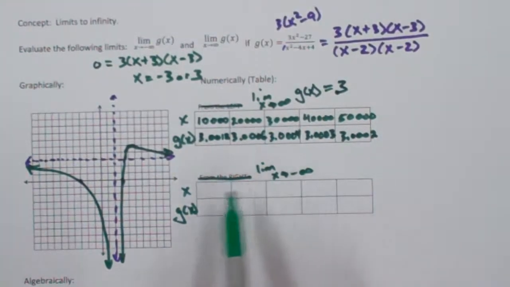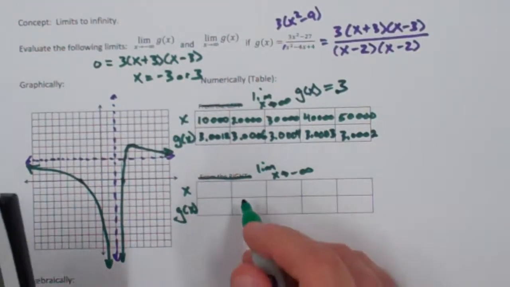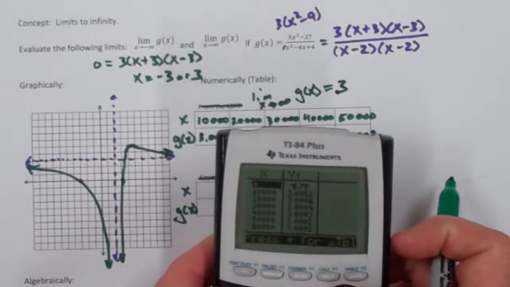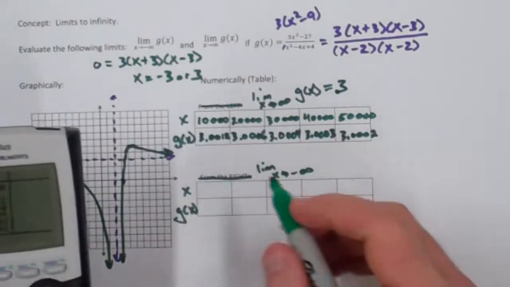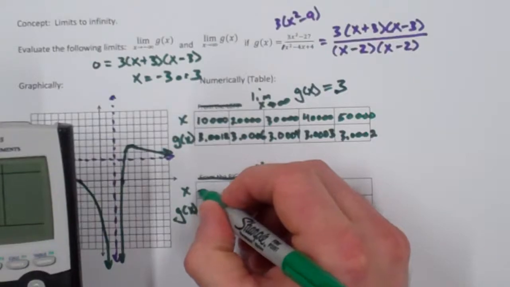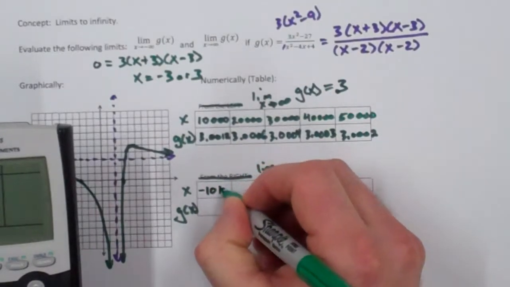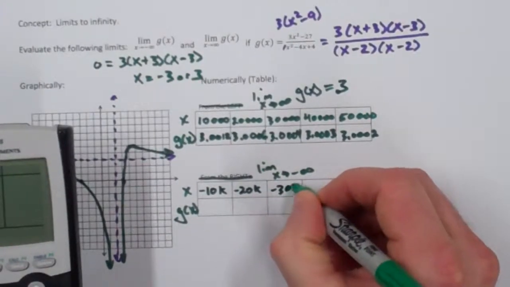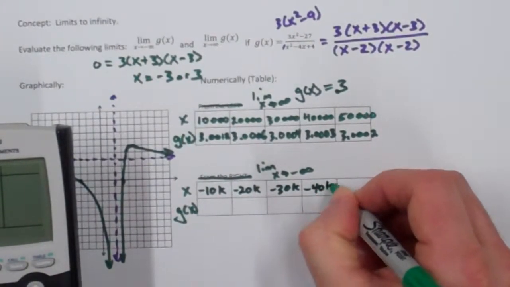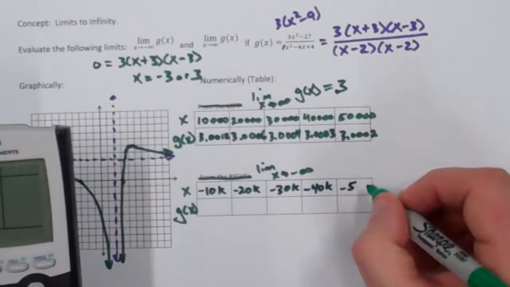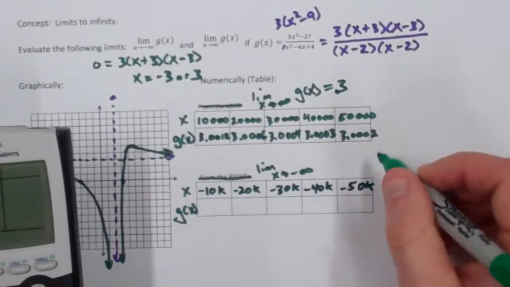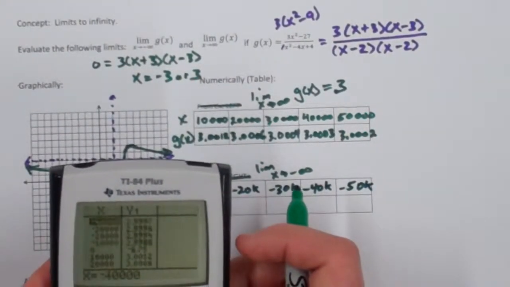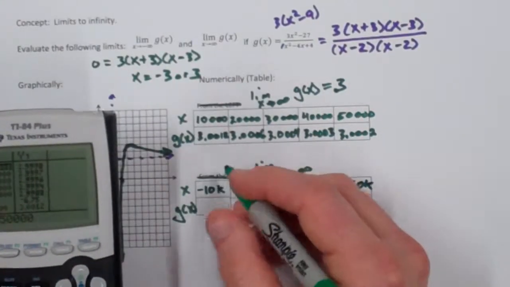Let's do the limit as x approaches negative infinity. So we can go ahead and go to your table and just keep clicking back, and we could make this negative 10,000. We could make this negative 20,000, negative 30,000, negative 40,000, again as x is approaching negative infinity. And we can just enter those values right from our calculator.